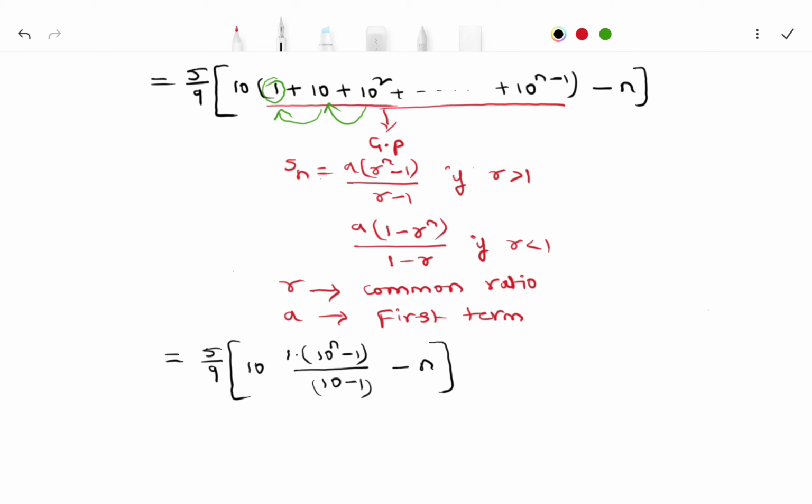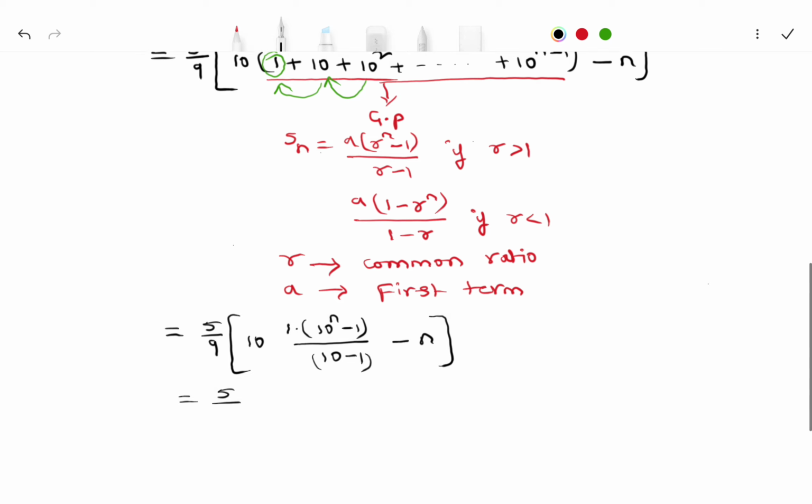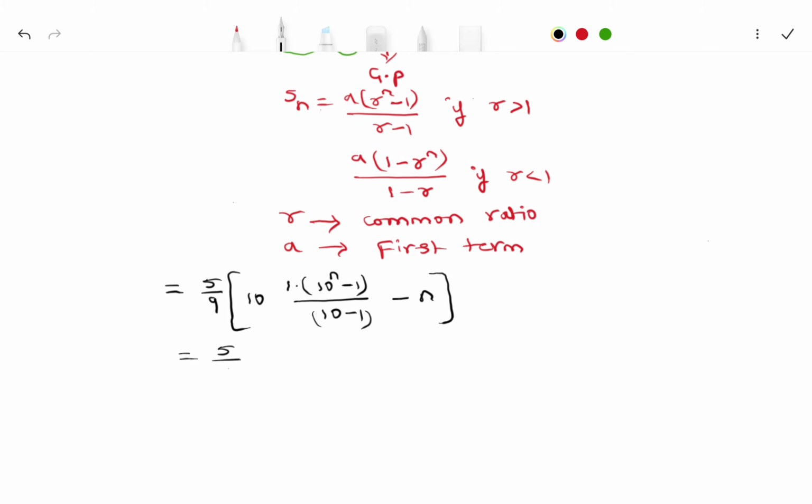Now you simplify: this value will be 5 by 9 into 10 into 10 power n minus 1 whole divided by 9 minus n.